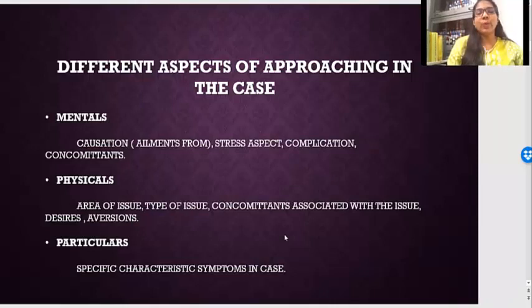So we have a very wonderful rubric in Phatak repertory, that is, eructations, pressing on painful parts when, and we have only a single remedy, borax, in it, right? So these are the different aspects of approaching a case. You may enter into a case via mental aspects or physical issues or the particular symptoms, right?